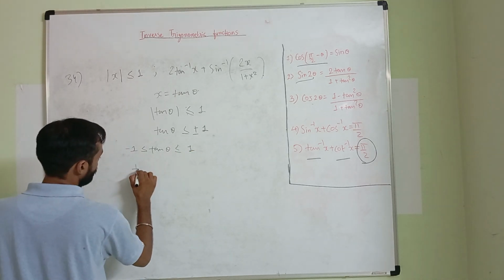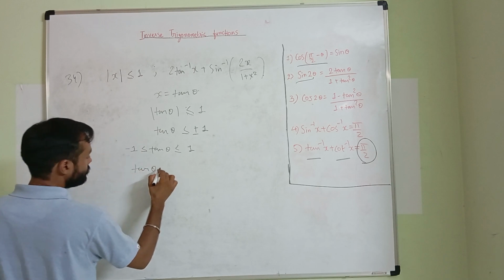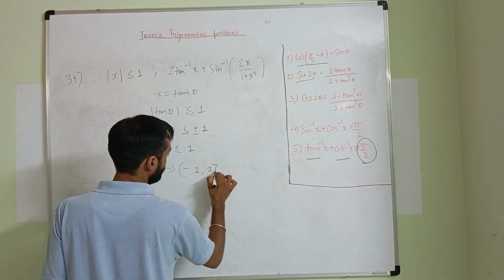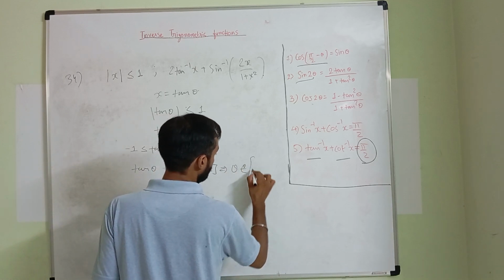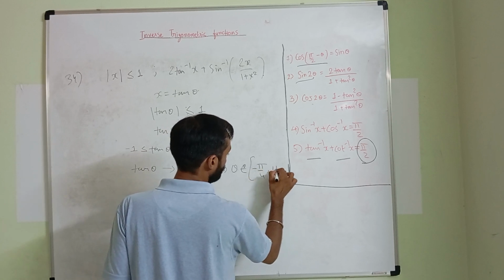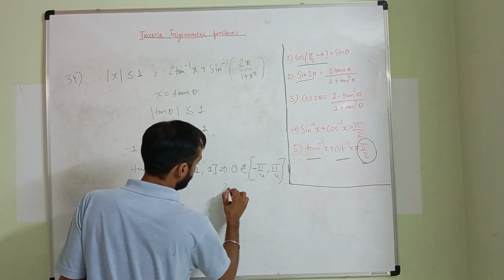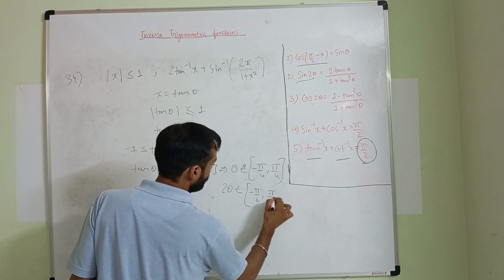Hence our tan theta lies between minus 1 to 1. So our theta will lie between minus pi by 4 to pi by 4. So 2 theta will belong to minus pi by 2 to pi by 2.